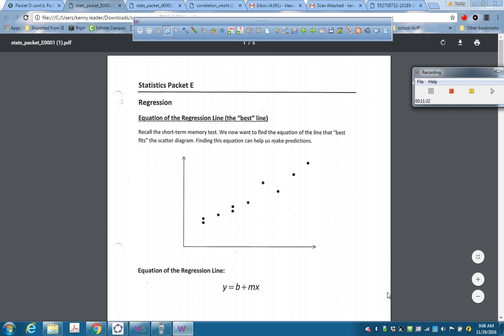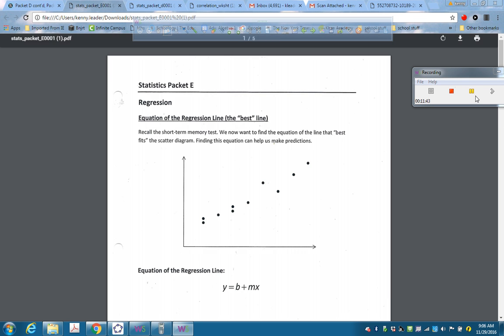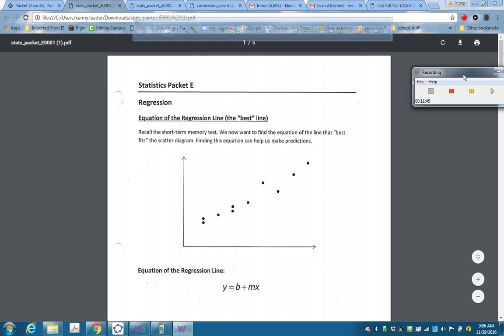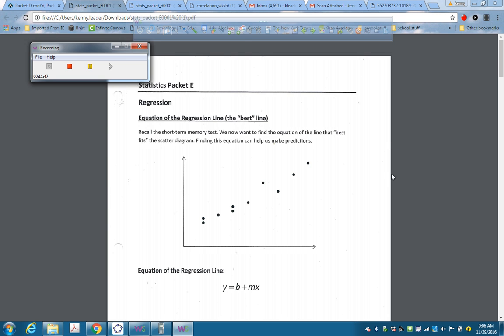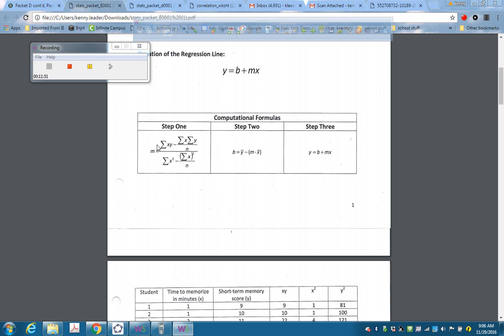What you should have just graphed, okay? This is the short-term memory test graph that you just graphed. And the equation of the regression line looks just like y equals mx plus b, except they put the b first for reasons that you don't have to worry about, okay? This is the formula for how they come up with the regression line.